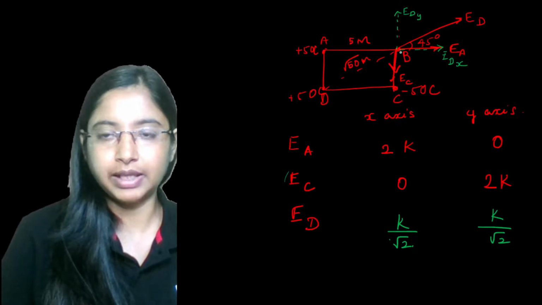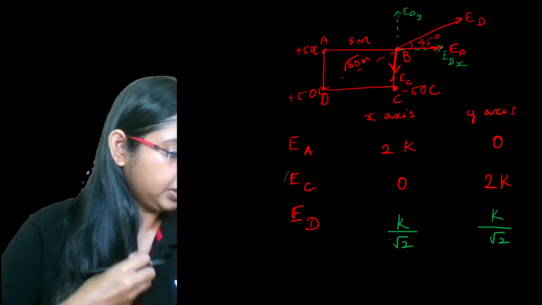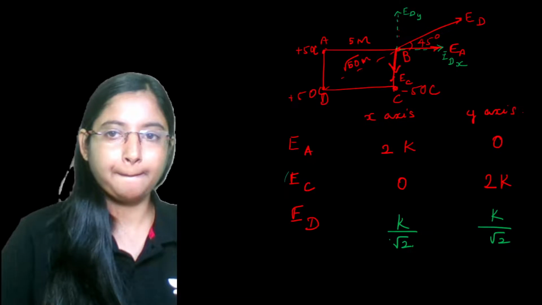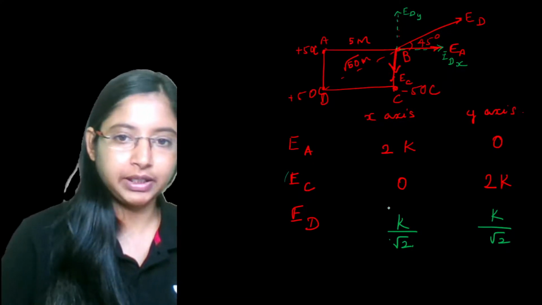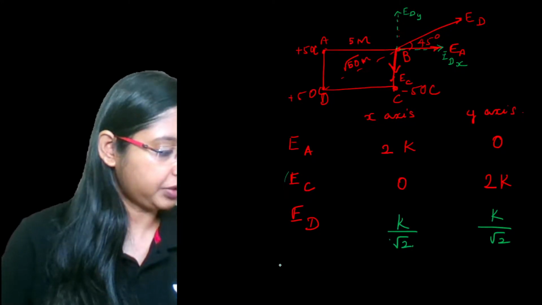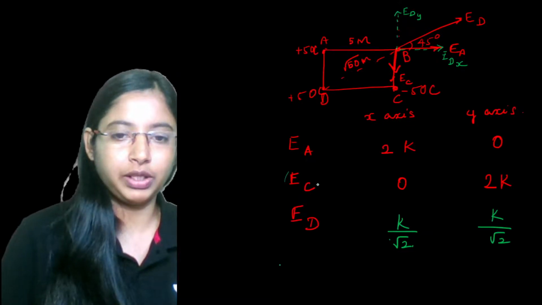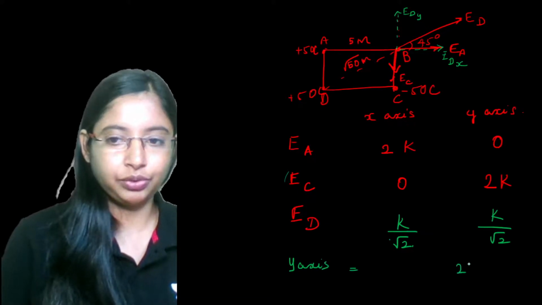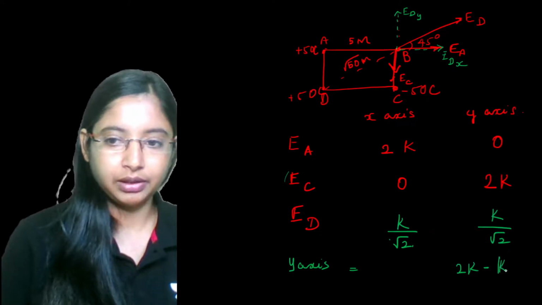This component is acting down, this component is acting up. So we can write, this is basically 2K. From these components, the total component along the y-axis is going to be 2K minus K by root 2.